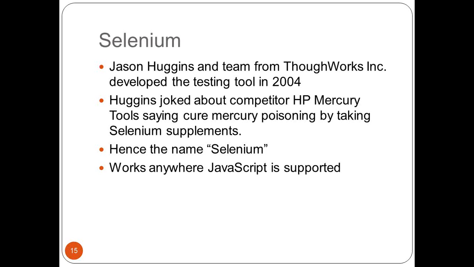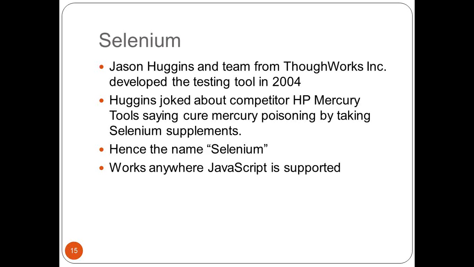At that time, around 2002, 2003, 2004, when you say automation tool, in the market there are very few. WinRunner, LoadRunner, QTP. QTP is one of the most available playback tools. So when they tried to name their own playback tool, Selenium IDE, they thought about the HP Mercury tool.